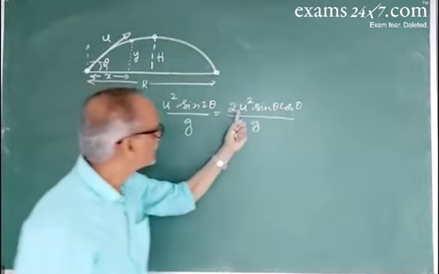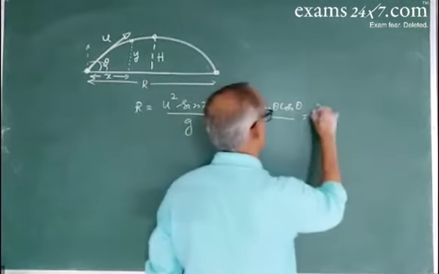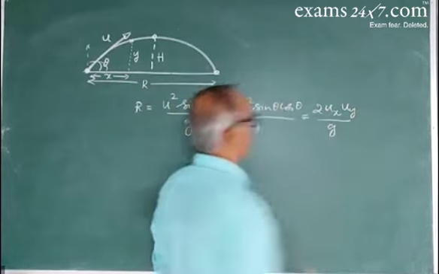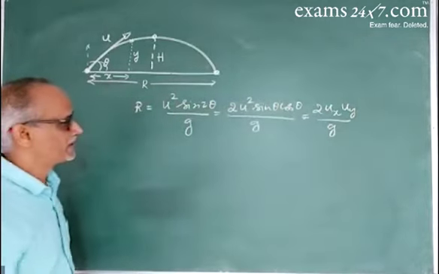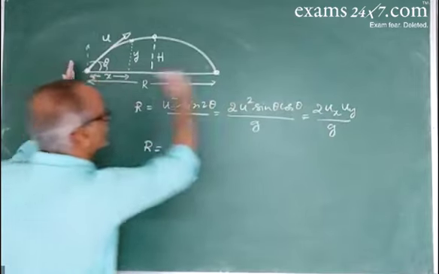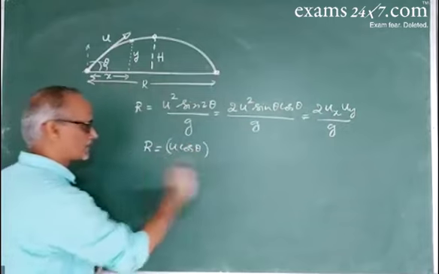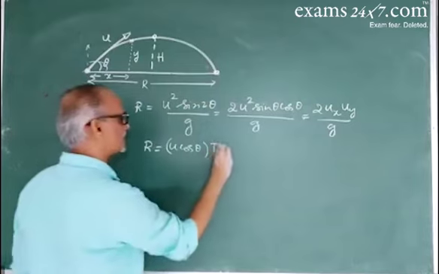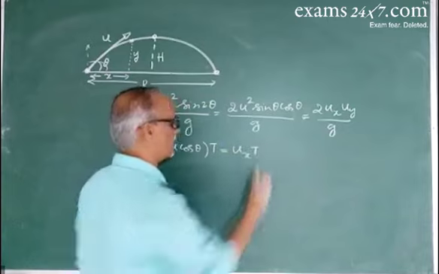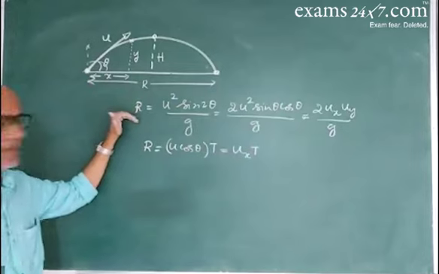If you check here, we have u sine theta and u cos theta, which is also twice the initial horizontal velocity and the vertical velocity by g. You can even find this range using the time of flight. That is, along the horizontal component, it is u cos theta, that is the velocity, into time taken, which is T, or that is also equal to u along the x-axis and then the time of flight. So using the various equations, you can find the value of the range.